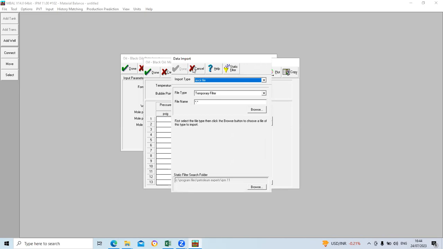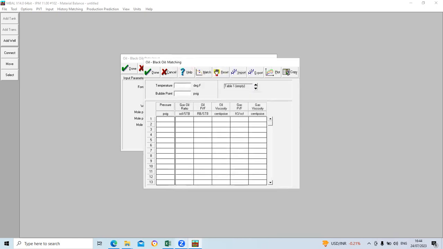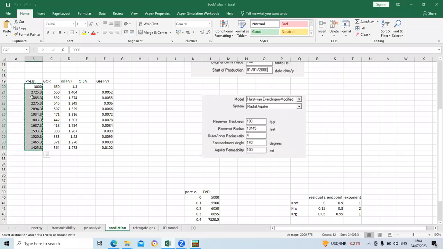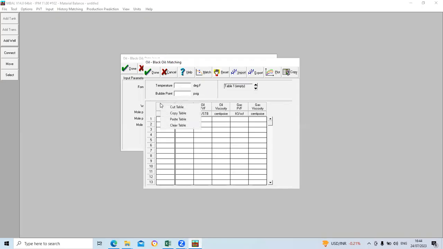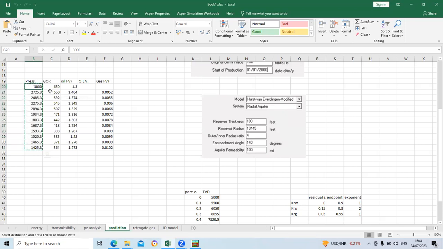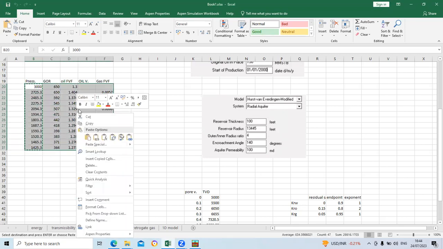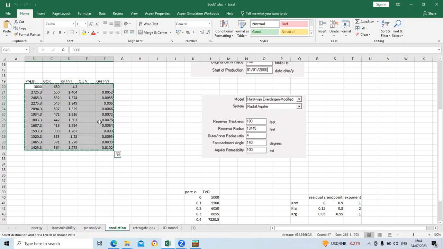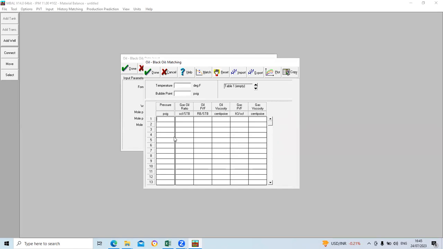I don't have a single Excel for that, but this one is not just like Prosper where it could copy easily. Most of the time the MBAL refuses to copy. I have my paste table there, it's refusing to go. Prosper will always just copy easily, but this MBAL, at times it will copy, at times it will not copy. So we have only some parameters coming in.